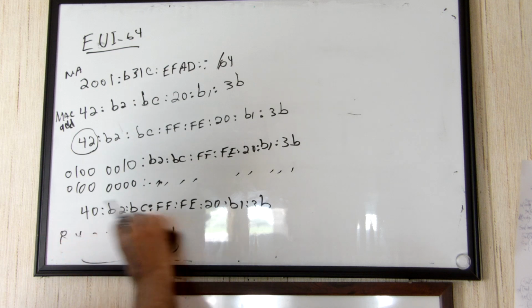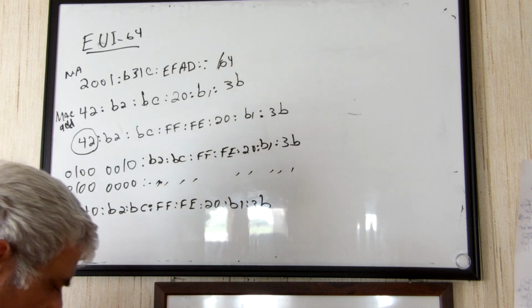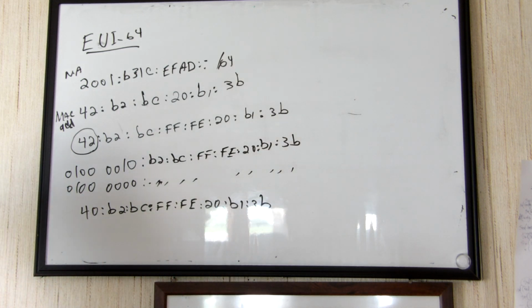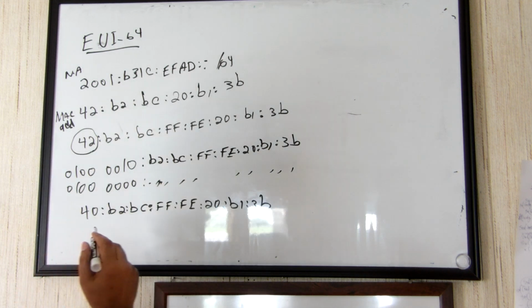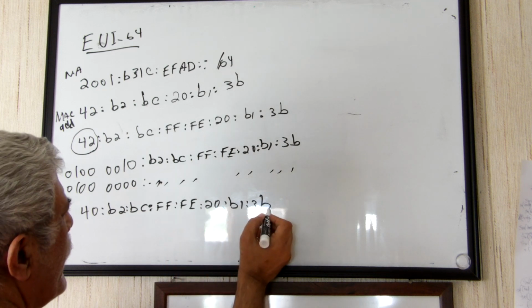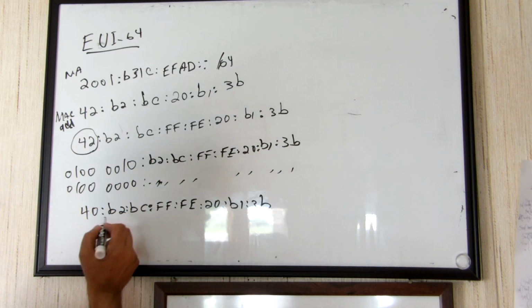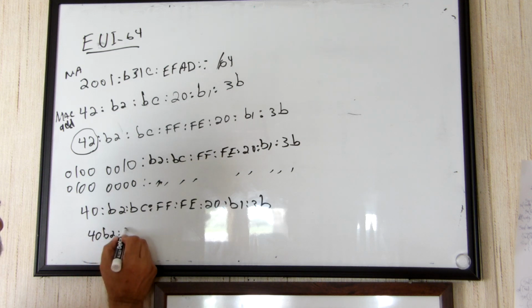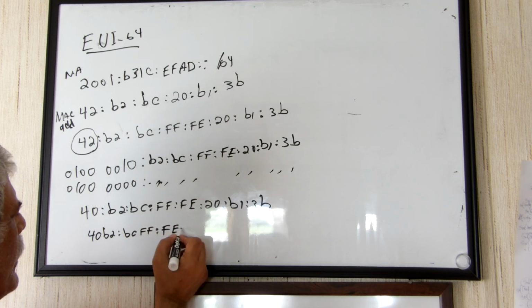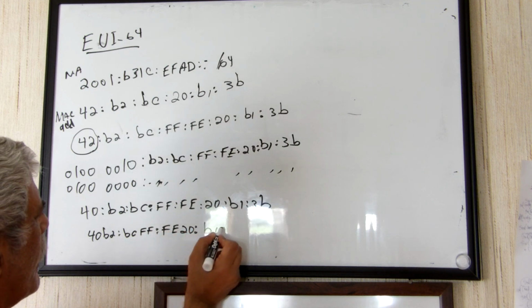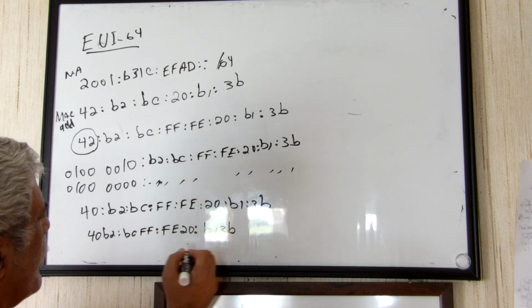Then you write it like this, putting 4 digits in each field: 40B2, BCFF, FE20, B13B.